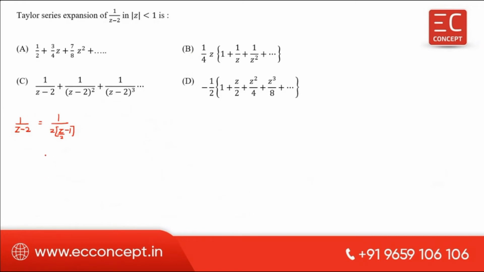Okay, if you simplify this, 1 divided by minus 2 into 1 minus Z divided by 2. Now if you simplify this further, 1 divided by minus 2 into 1 minus Z divided by 2, the whole inverse. So this is the thing.